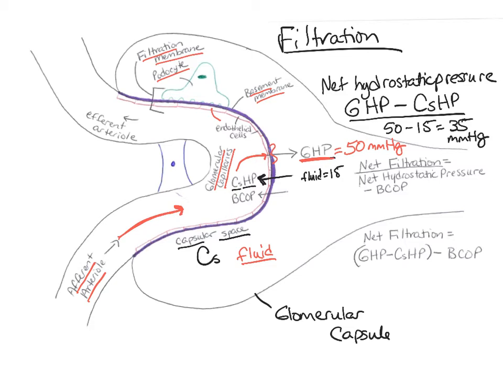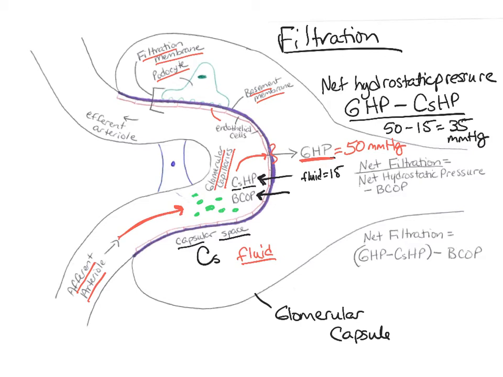Now there is one other pressure though that we have to look at, and that is from those plasma proteins. So remember there's these little plasma proteins floating around in here, and they're acting as a solute, and so they're going to pull fluid back in. So we call that blood colloidal osmotic pressure, and it's the pull of water from the capsular space back into the glomerular capillaries as they're drawn back towards those plasma proteins.